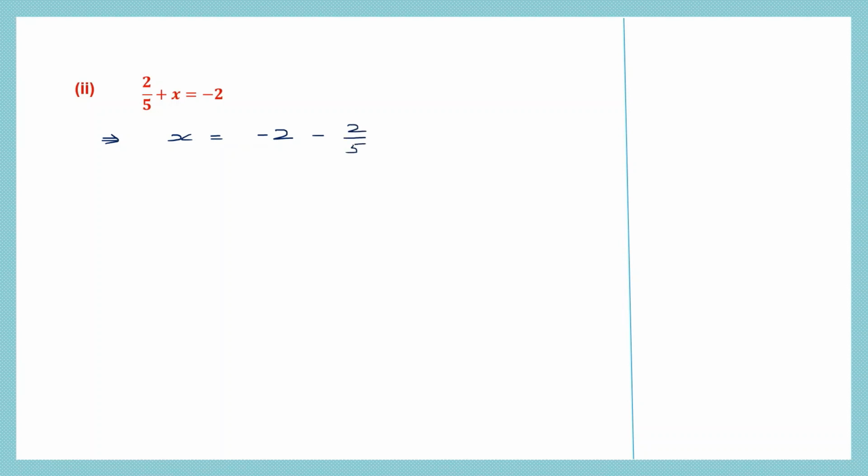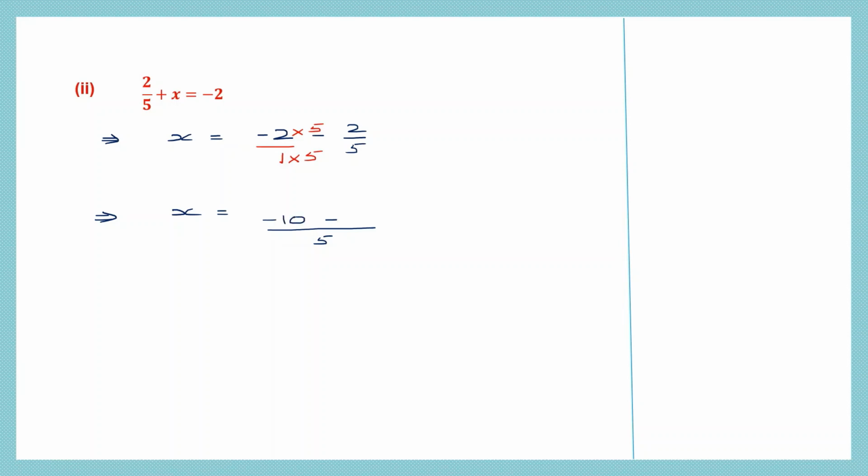Now minus 2, let's give it the denominator 1. So now x is equal to, now this we have to subtract, isn't it? So let's find the LCM of the denominators, which will be 5. Because one of the denominators is 1 and the other is 5, so you must use 5. So let's start with the first one. 1 5s are 5, so 2 into 5, that is minus 2 into 5 is minus 10.